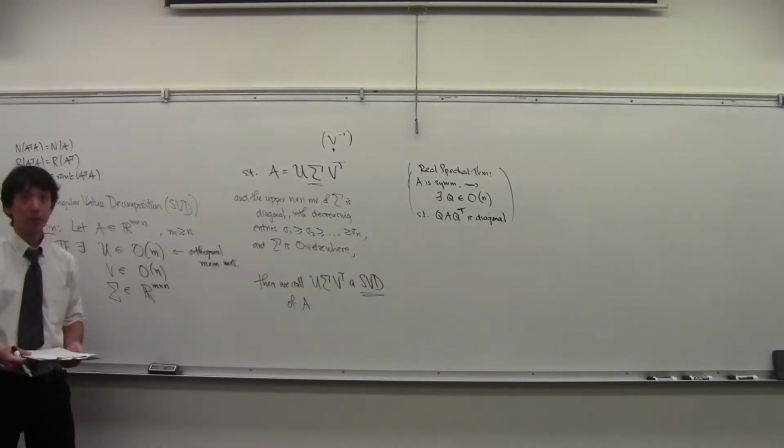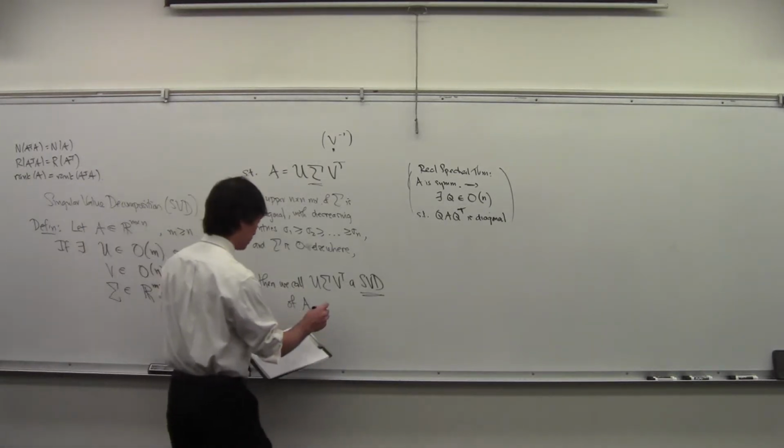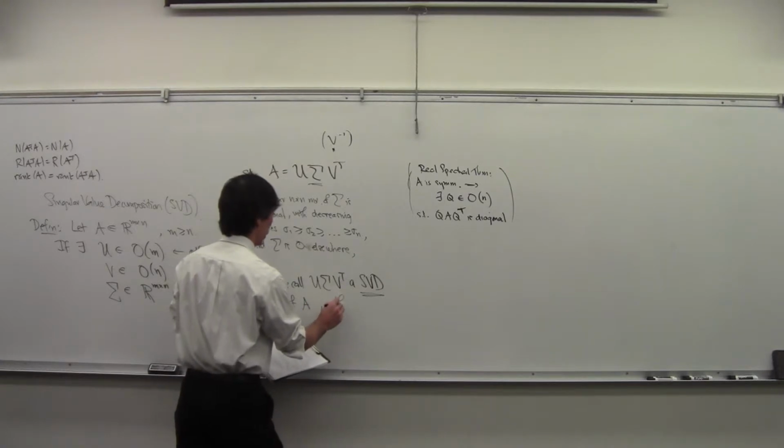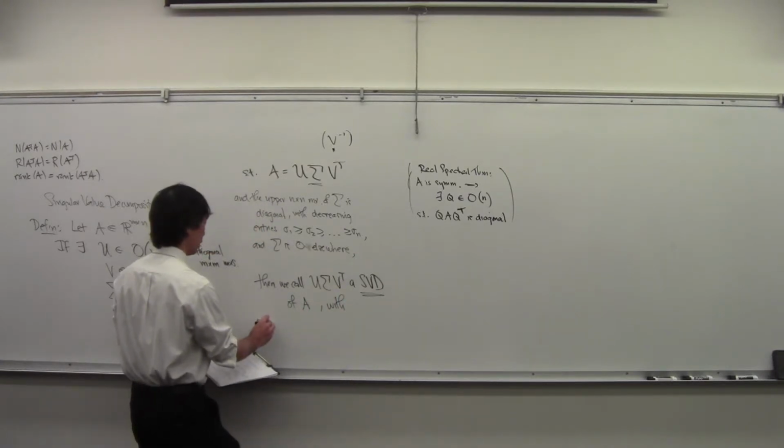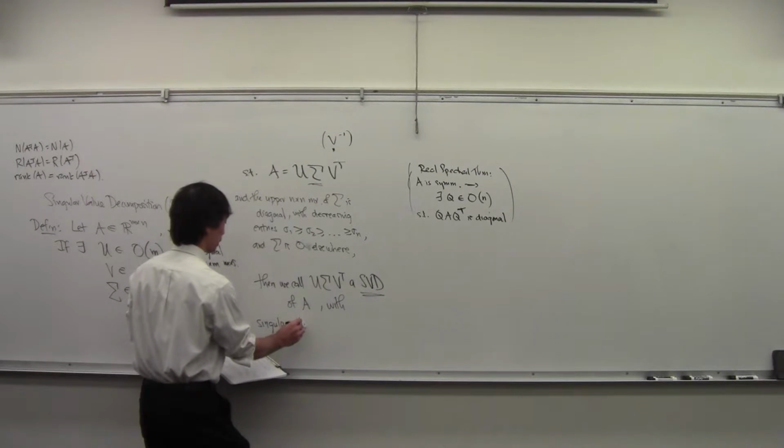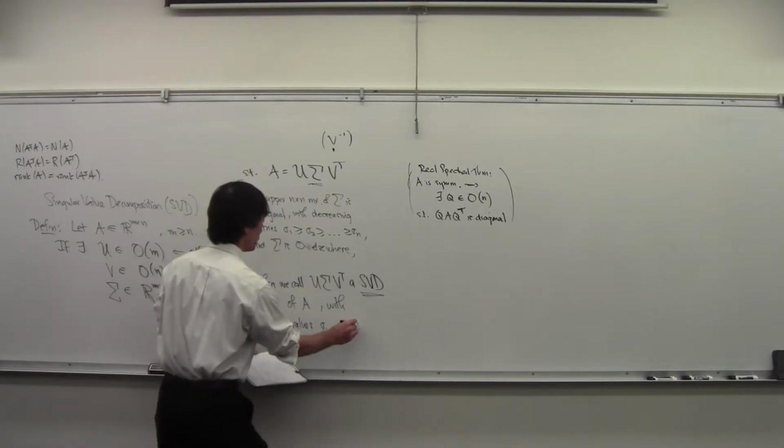Then we call this thing a singular value decomposition of A with singular values sigma 1 through sigma n.